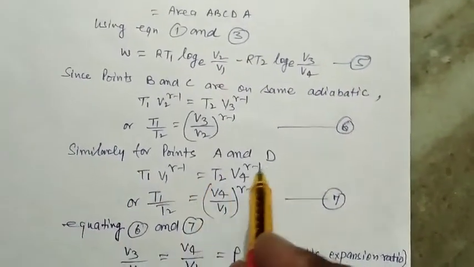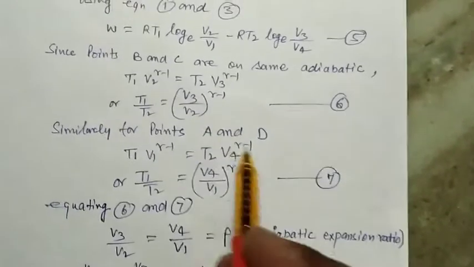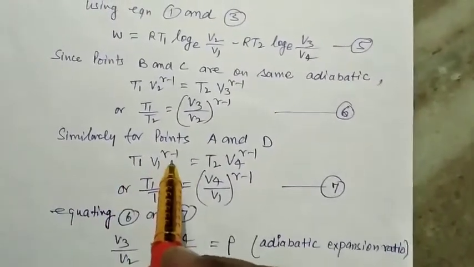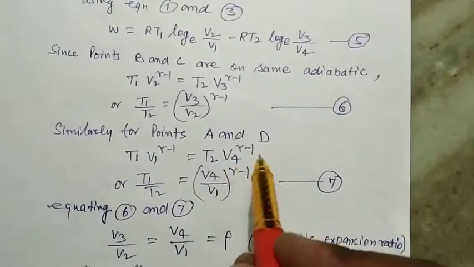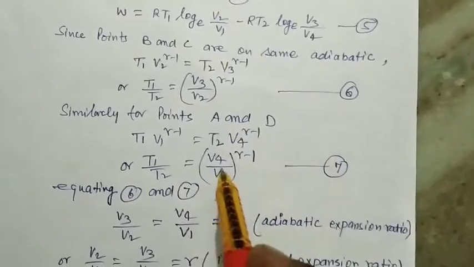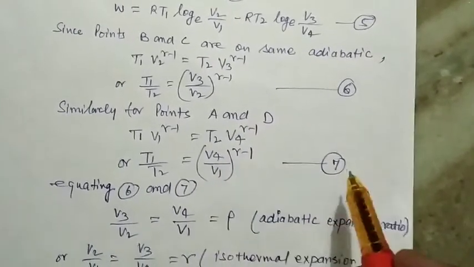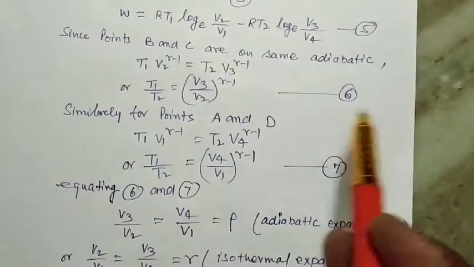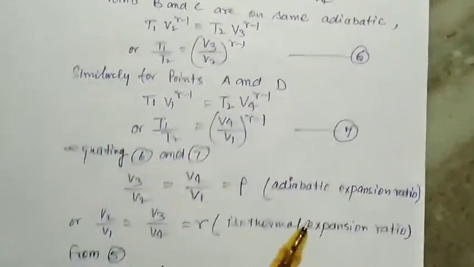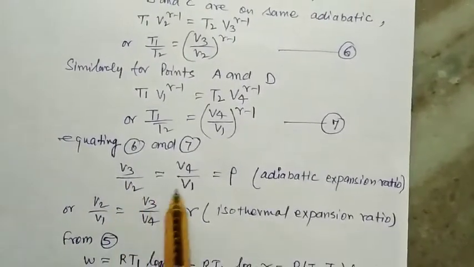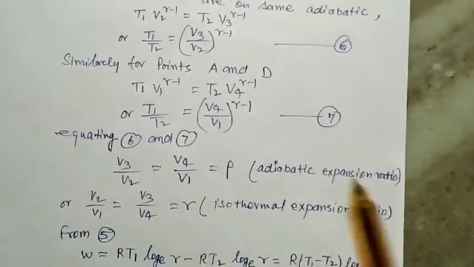Similarly for points A and D, these are again on the same adiabatic, therefore T1 V1 gamma minus 1 is equal to T2 V4 gamma minus 1, or T1 upon T2 is equal to (V4 upon V1) gamma minus 1, equation number 7. So if we see here 6 and 7 are the same, equating T1 upon T2, we get V3 upon V2 is equal to V4 upon V1 is equal to rho.